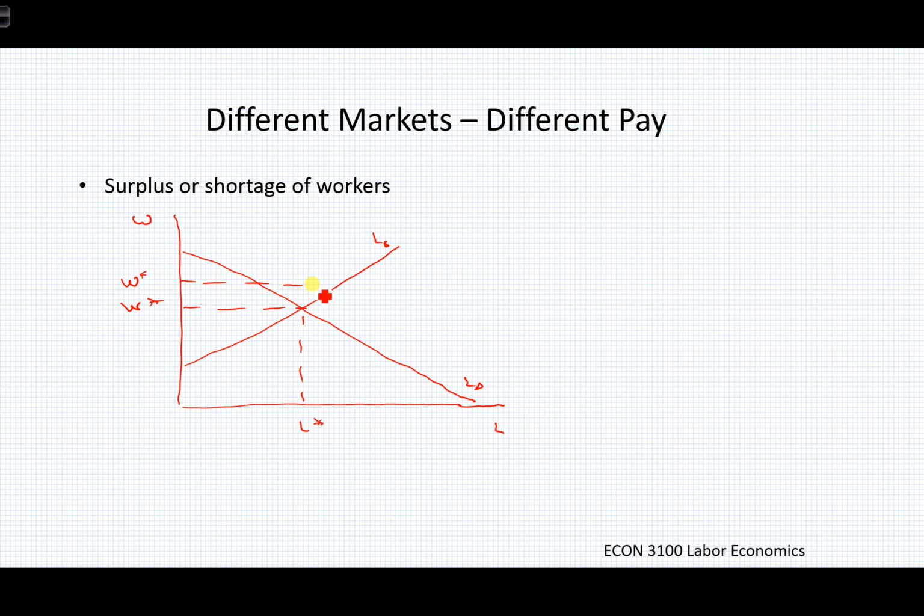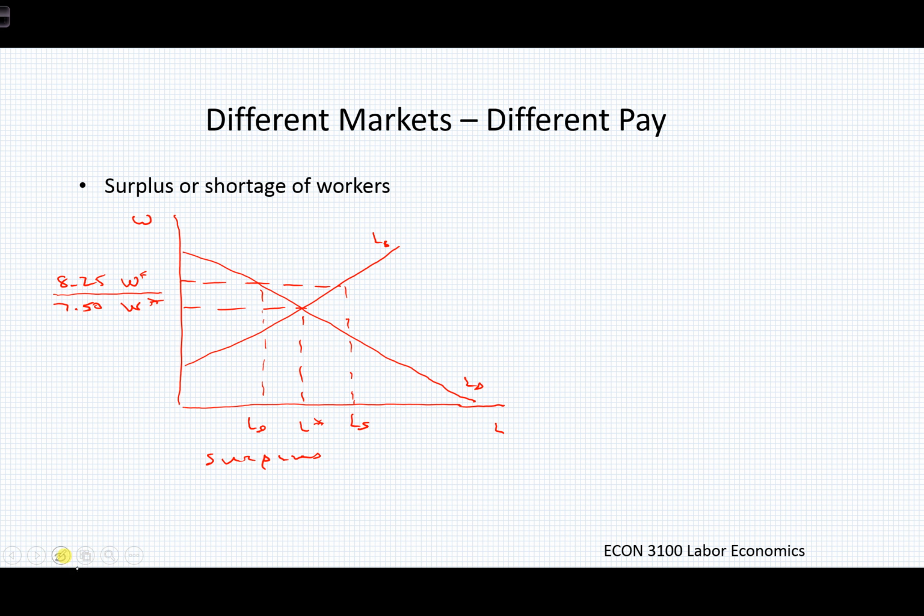Let's say that it was at 8.25. Maybe we have our 7.5 and our 8.25 relationship here. That yielded some mismatch between labor supply and labor demand, such that we have a labor demand that is less than labor supply, so we have a surplus of workers. And we're then subject to paying this 8.25. We'd like to pay them a lower dollar amount based upon supply and demand, but we're subject to this 8.25.